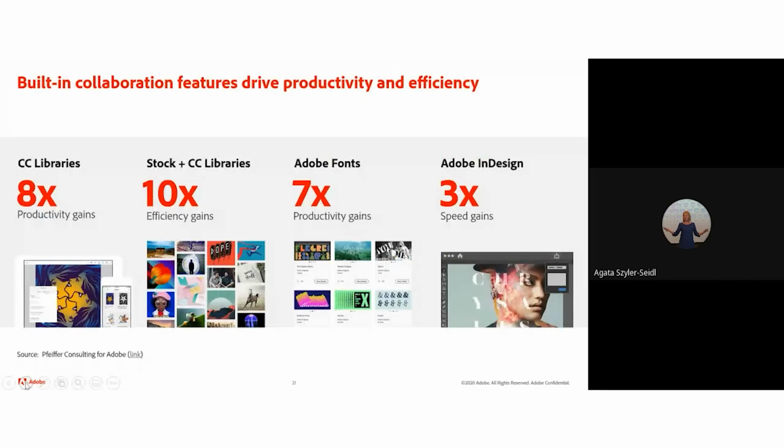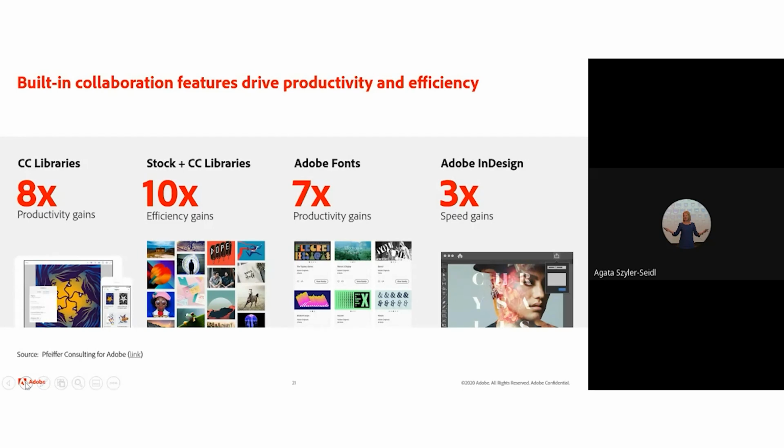I have also received some indications from our marketing department where we see the productivity and efficiency gains. So using Creative Cloud libraries, we win on average, according to a Pfeiffer Consulting report, and we will be more than happy to share it with you as well, 8 times productivity gains.